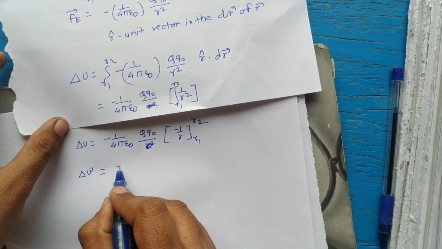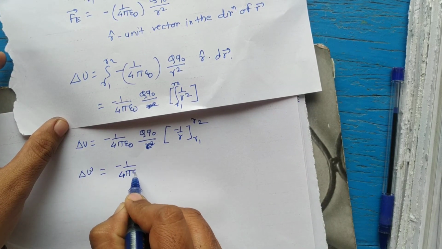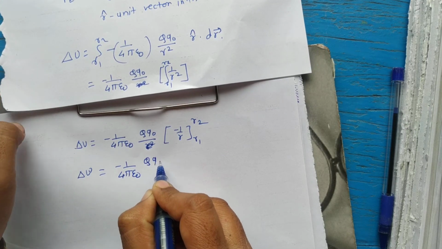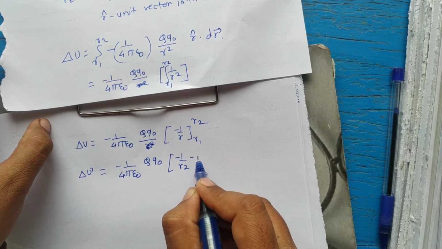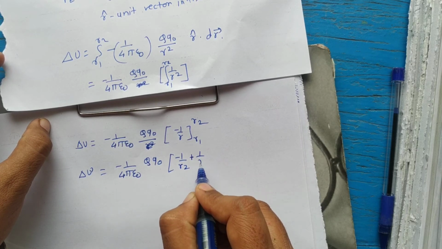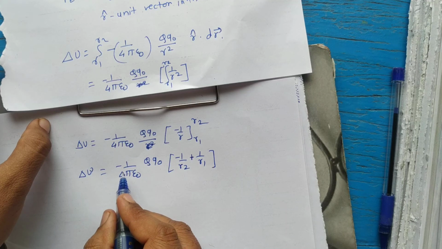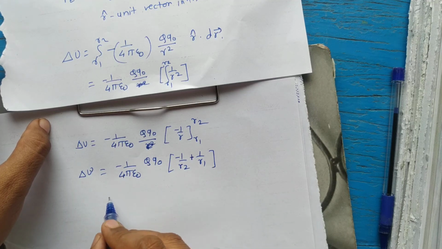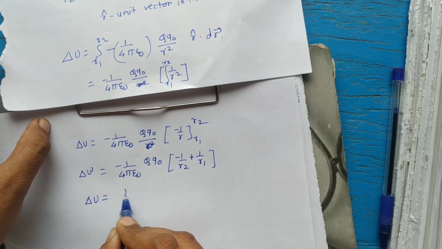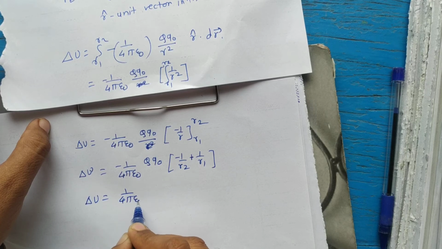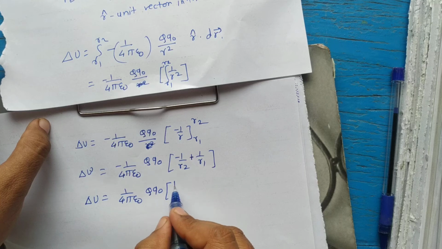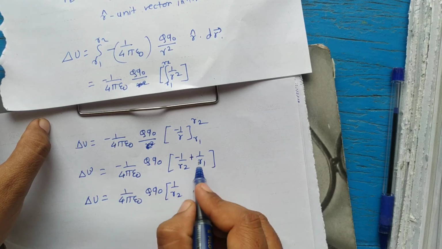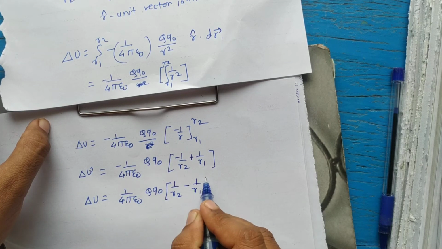Putting these values we get minus 1 upon 4 pi epsilon naught Q Q naught into minus 1 upon r2 plus 1 upon r1. This negative multiplying by this negative sign, we get delta U is equal to 1 upon 4 pi epsilon naught Q Q naught into 1 upon r2 minus 1 upon r1.